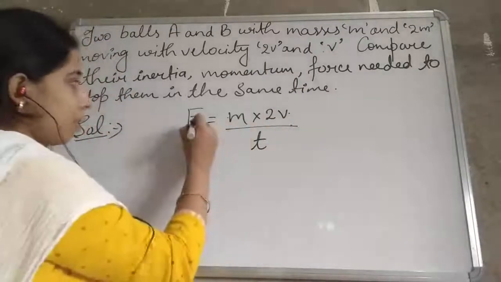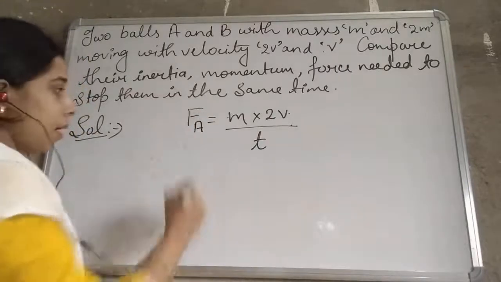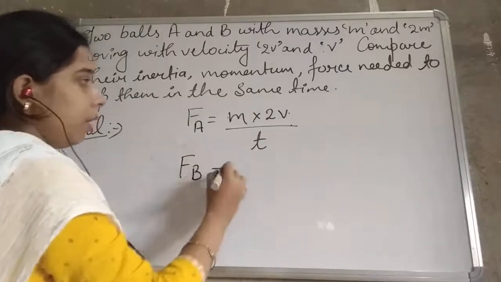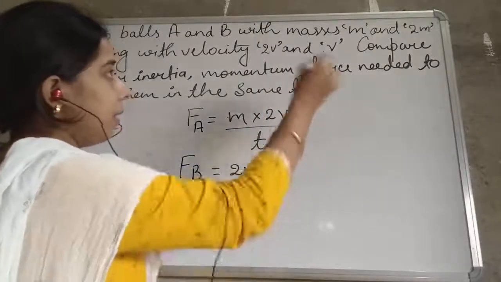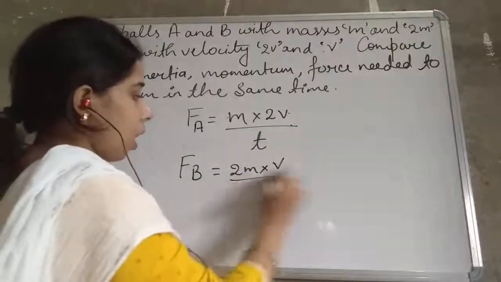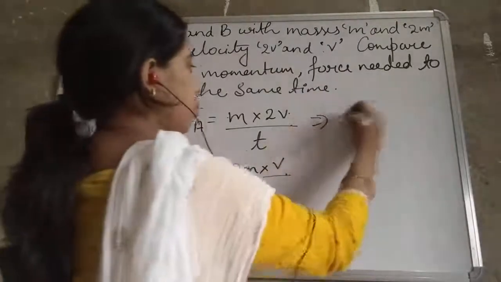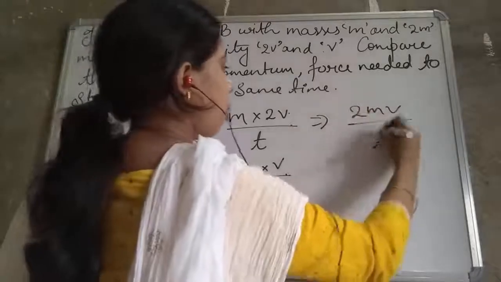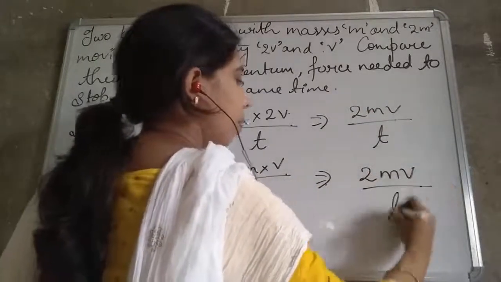Okay, this one is the force of body A. If we see that of B, here also the mass is 2m and the initial velocity is v upon t. This will be equal to 2mv upon t.